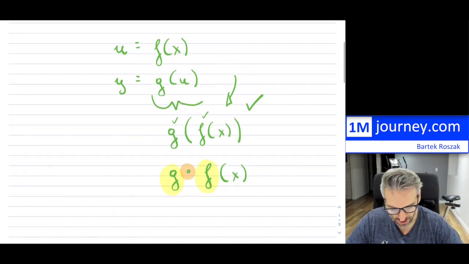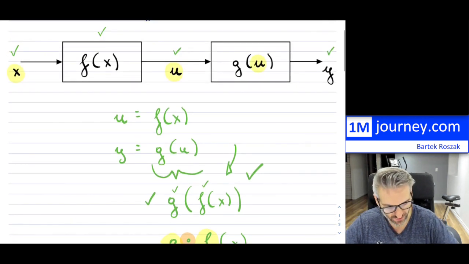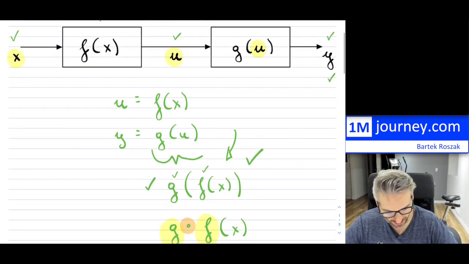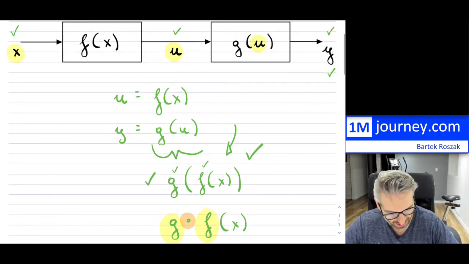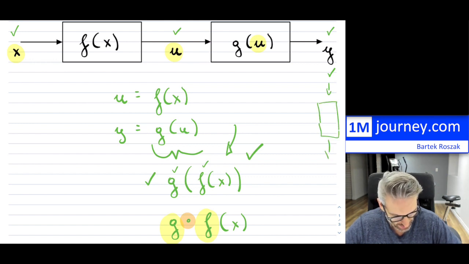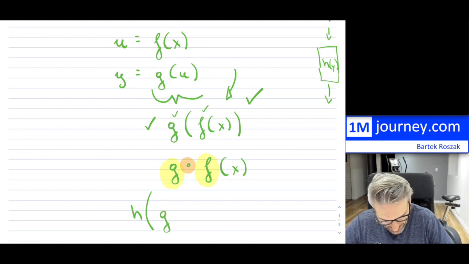If we wanted to use the bracket notation, it would be annoying if there was another function down the line, because we would have to write it in the following way. Let's assume this y got fed into another function here as an output, maybe called h. Then we're feeding the y in here, so this would look like this: you would have h, and it would be fed into, so that this g gets fed into the h, but into the g, we had an f.